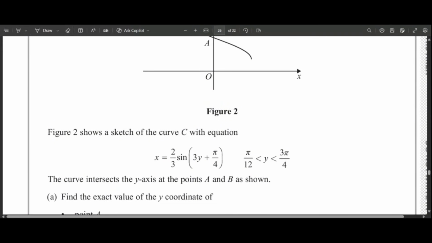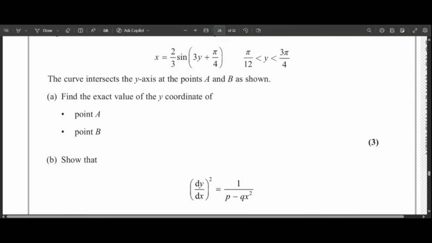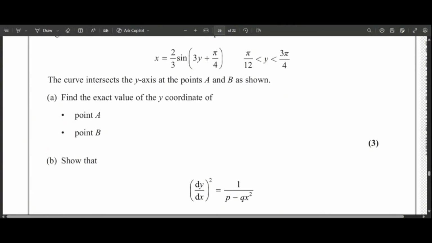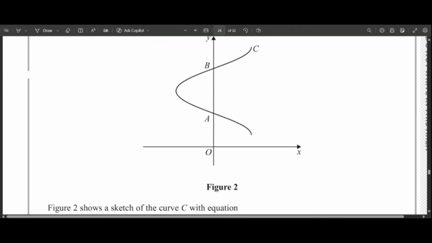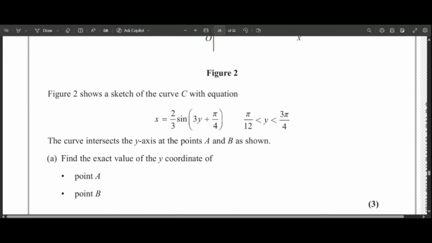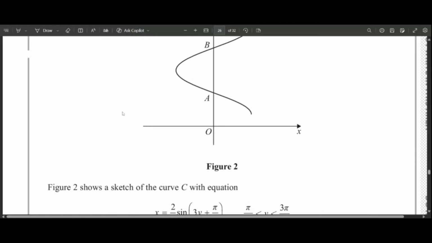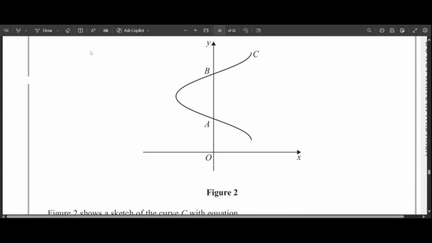Now it is given that the curve intersects the y-axis at points A and B as shown. For part A, we have to find the exact value of the y coordinate of point A and point B. Point A and B are the intersection points with the y axis.